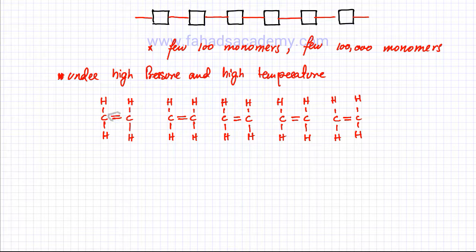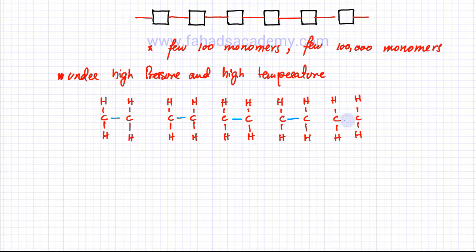It doesn't break entirely. It basically gets converted into a single bond. So I'm going to rub off these double bonds. The double bonds are now gone, and instead these double bonds get broken up into single bonds. So you have single bonds instead of these double bonds.